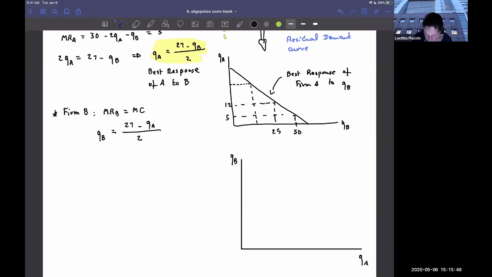If you look at this, when QB is 0, QA is 13.5.